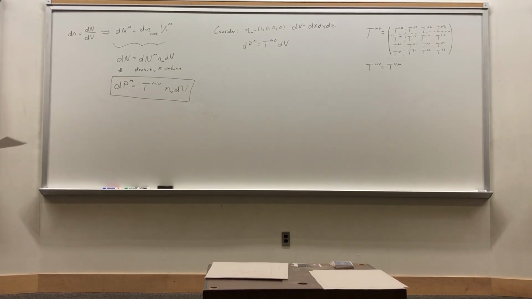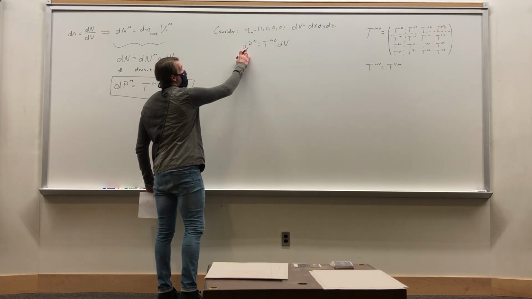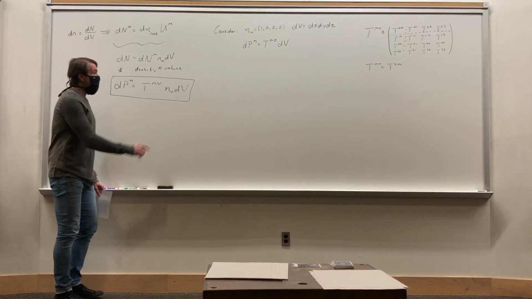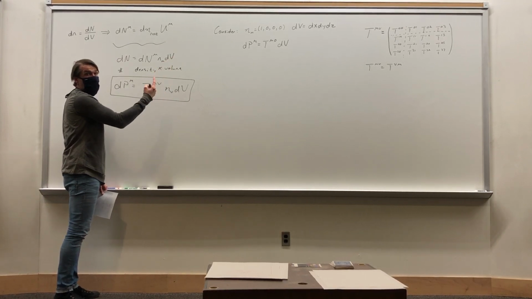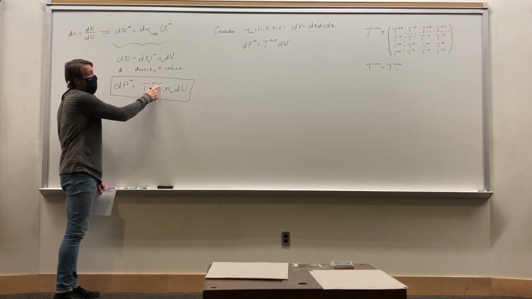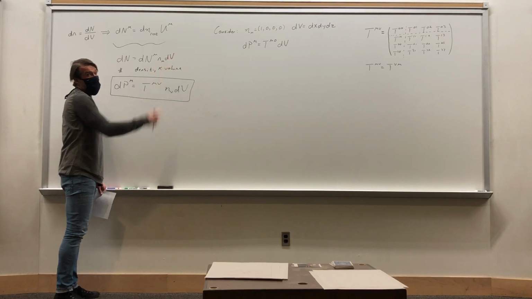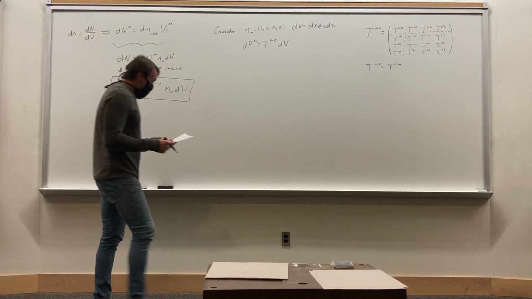Are there any questions about that? Again, I would sum over all of the components of n_nu, except 3 of them are 0 and only 1 of them is non-zero, and it's 1. So this is T^mu0 n_0, but n_0 is just 1.